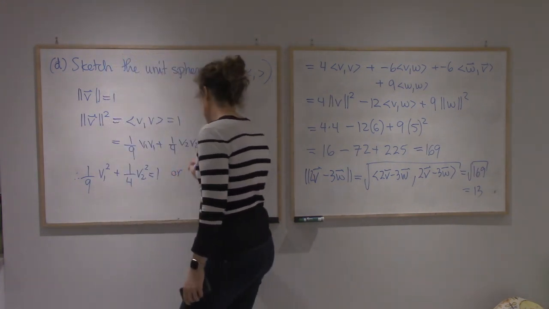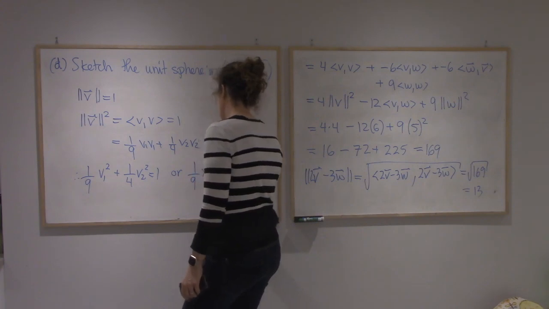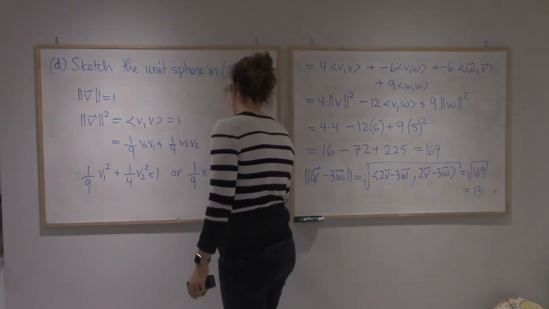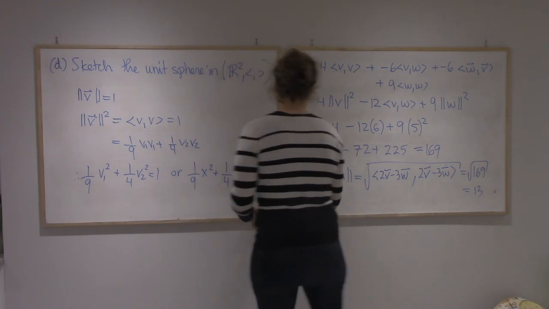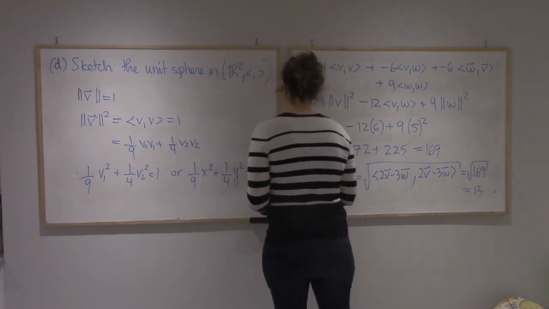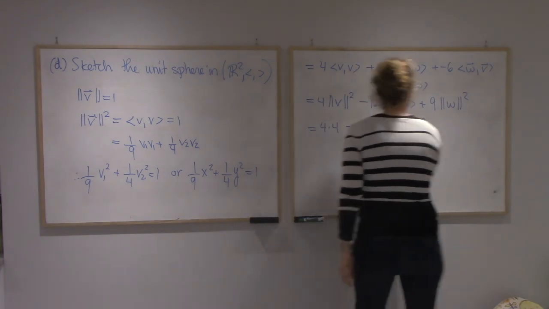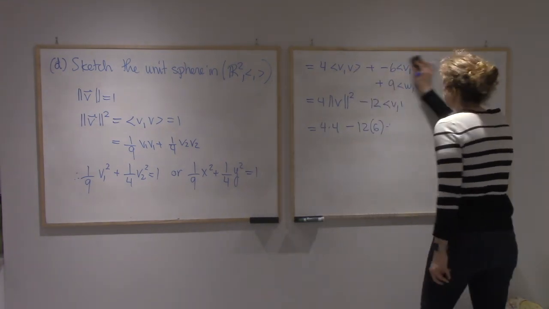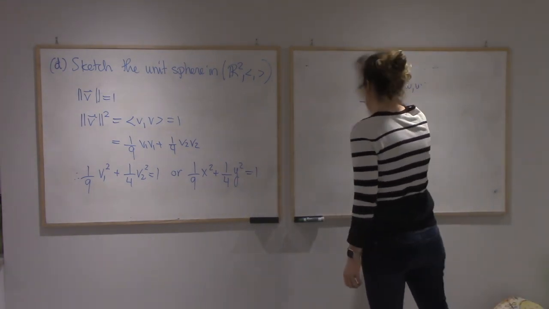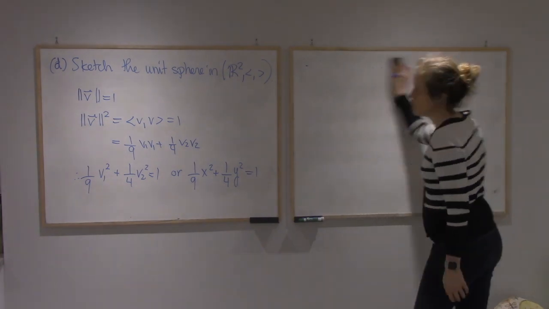And it's easier to see what it is if you use x and y. So this is what I get. This is an equation you should remember from high school or seeing something similar to this in high school. This is going to give me an ellipse.